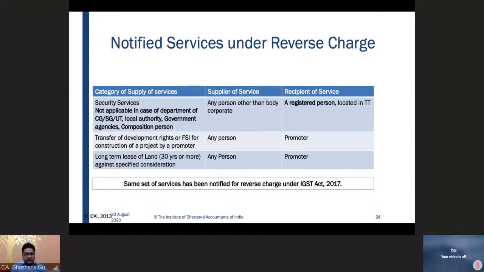Security services. If any entity is providing security services, and this provider is any person other than a body corporate. So if it's a company providing services to another company, then it is not covered under reverse charge. The supplier of service has to charge the applicable tax and the recipient has to pay.